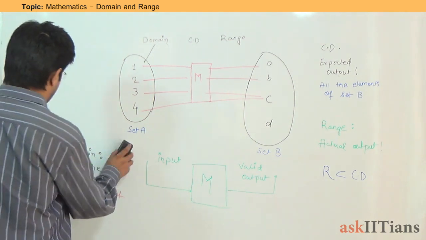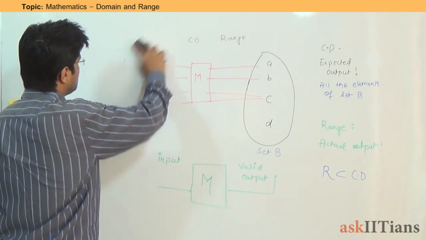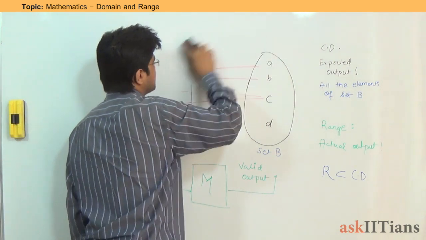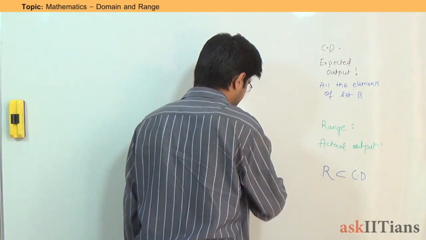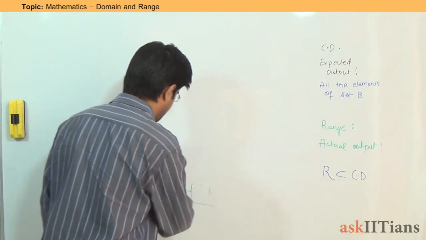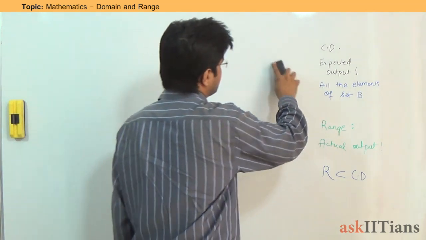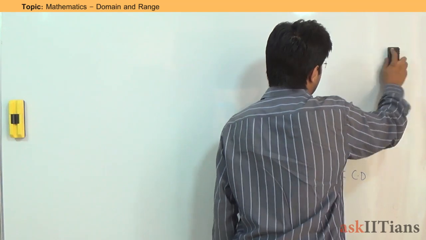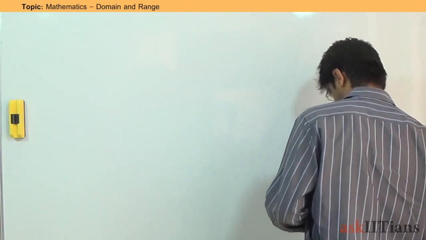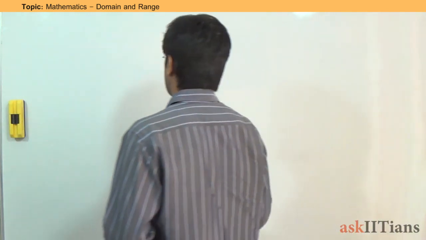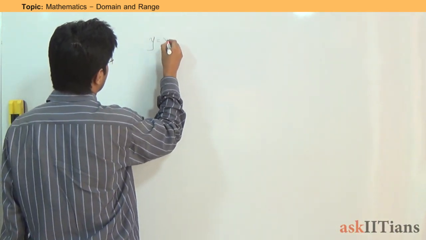Now let's take an example to understand what this concept is trying to tell us. This is the basic definition which we have provided in terms of sets. But now let's try to put it in a function. Suppose that I have a function y is equal to x squared.